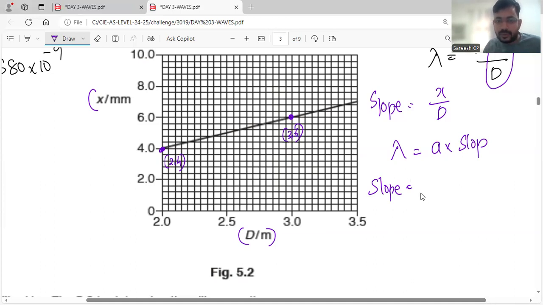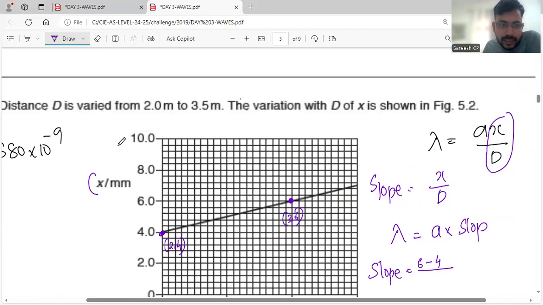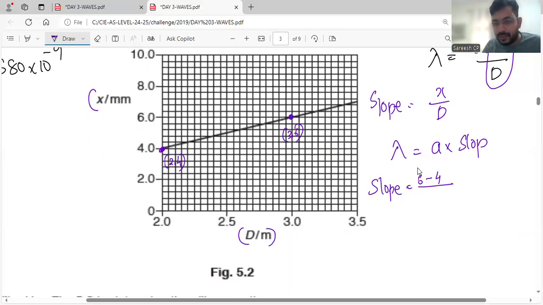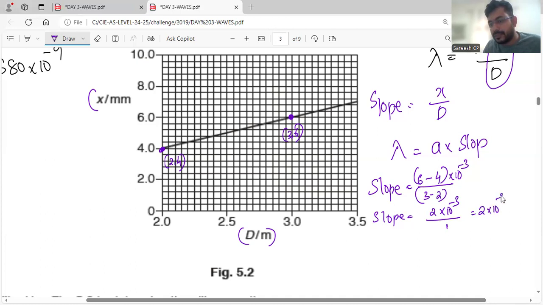So slope is Y2 minus Y1 divided by X2 minus X1: 6 minus 4, and this Y is in millimeter, so 6 minus 4 times 10 to the power minus 3, divided by 3 minus 2, which is in meter. So you don't have to do anything. So slope of this graph is equal to 2 times 10 to the power minus 3 divided by 1, which is 2 times 10 to the power minus 3.